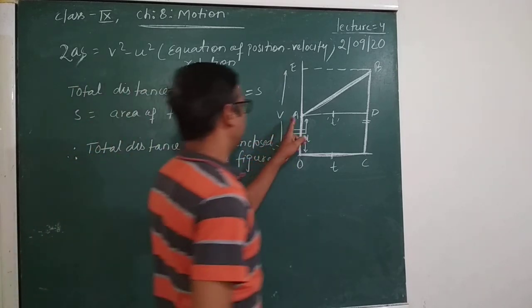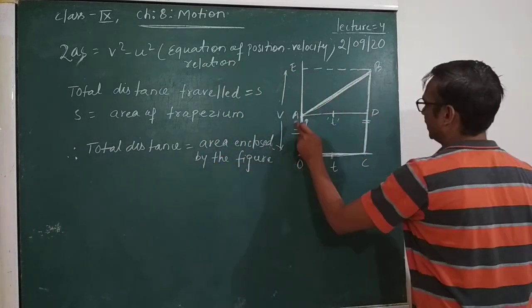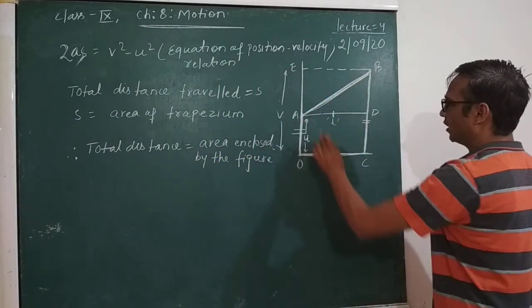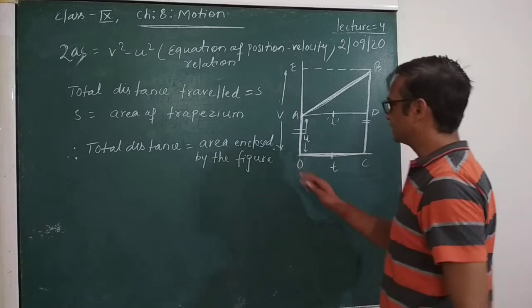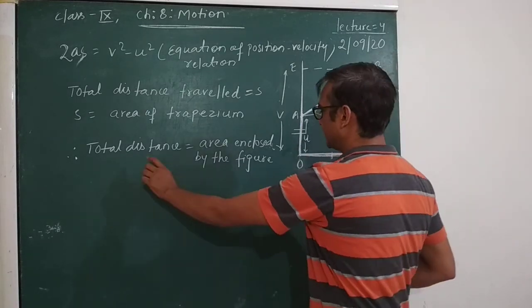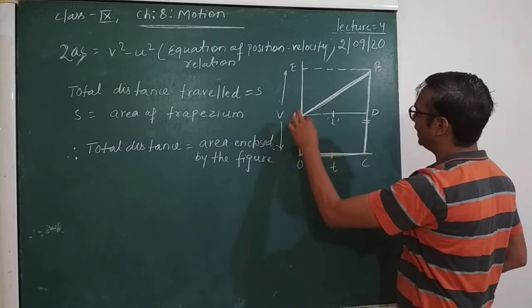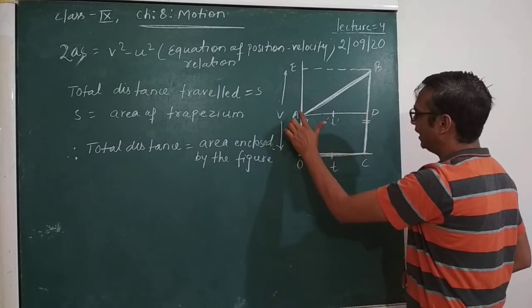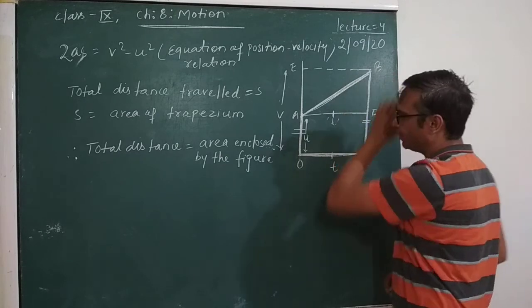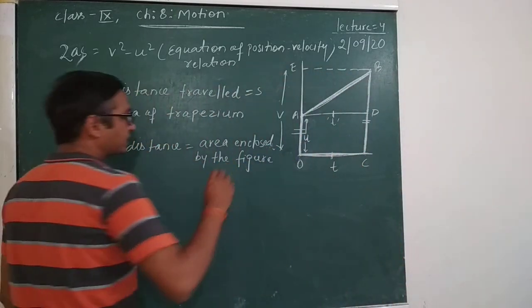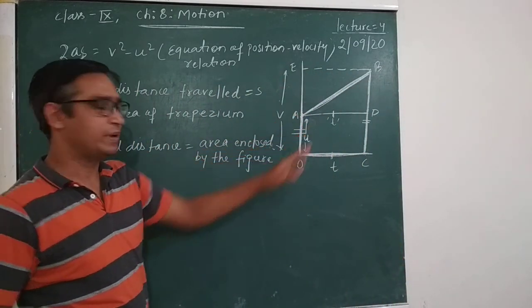The total distance ABCO, or AOCB, is given by s, and this s is equal to the area enclosed by the figure A, O, C and B. So AOCB is nothing but the area of a trapezium.